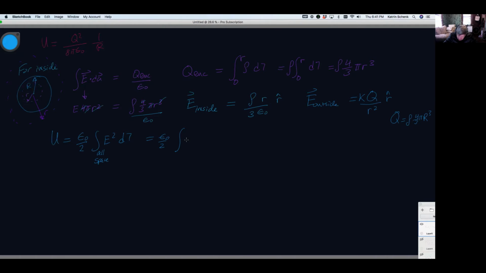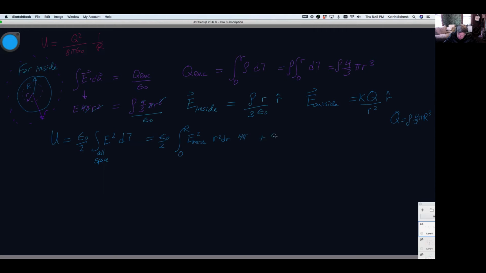Okay, all right, let's see. So we've got to split this up for inside added to outside. So we're going to go from E inside squared, and then we're going to be integrating our r from 0 to big R, r squared dr, and then there's going to be the integral of d omega, no matter what you do, and that's just going to be 4 pi.